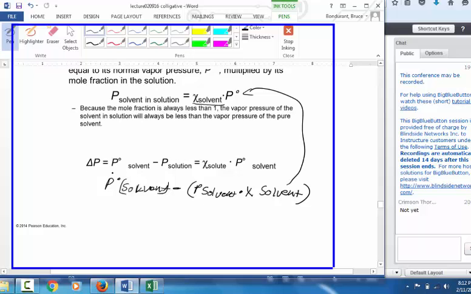So I'm saying that if I look at the change in vapor pressure, it's the P pure solvent minus P solvent times the mole fraction of the solvent. Well, notice that we have P solvent and P solvent, so we can take that and put it to this side and say it's P times 1 minus X.